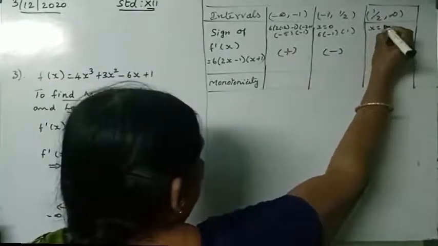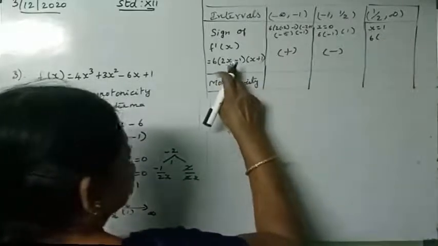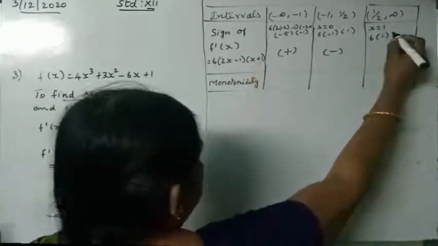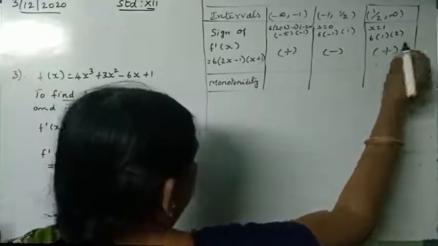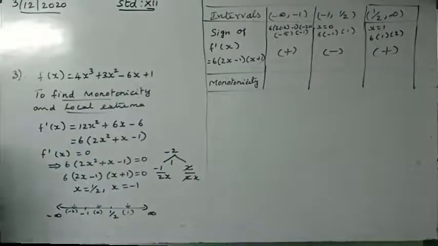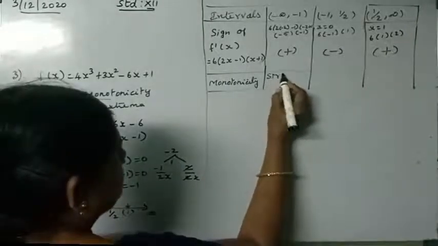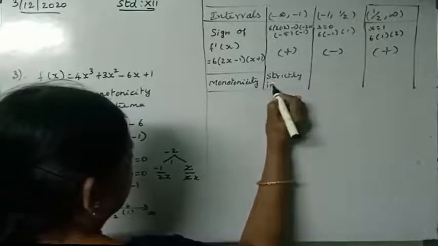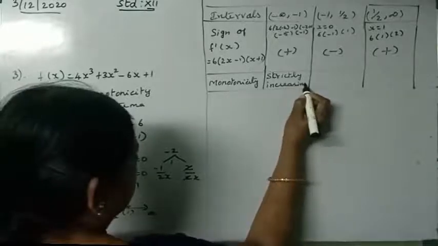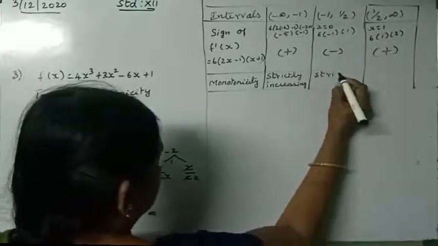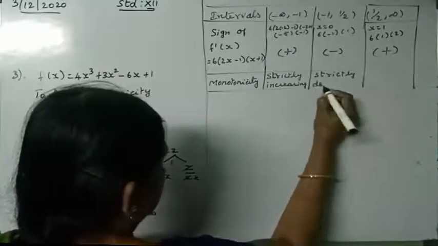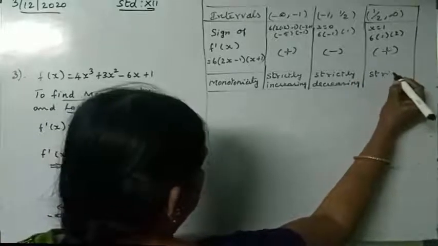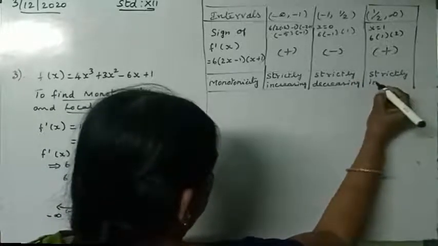If x is equal to 1, 6 into 2 minus 1 is 1, and 1 plus 1 is 2. So it is positive. So here it is strictly increasing, here it is strictly decreasing, and here it is strictly increasing.